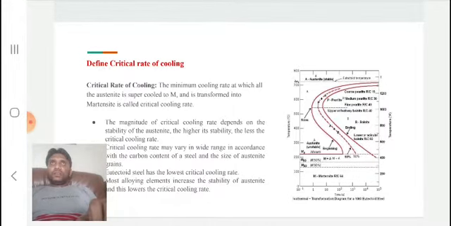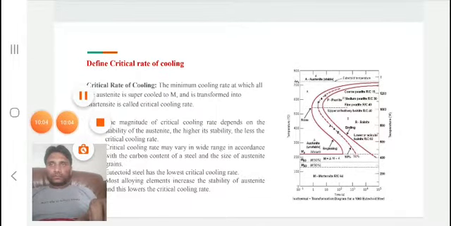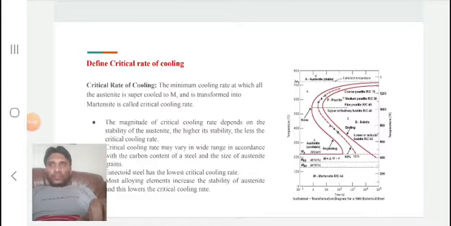Heating the material 30 to 50 degrees centigrade above the A3 line and holding there for a sufficient period, until the entire steel converts into austenite, then the entire austenite is allowed to transform into martensite.